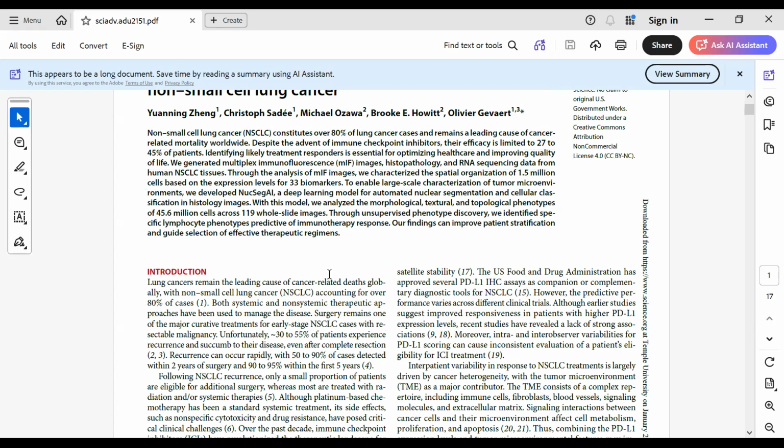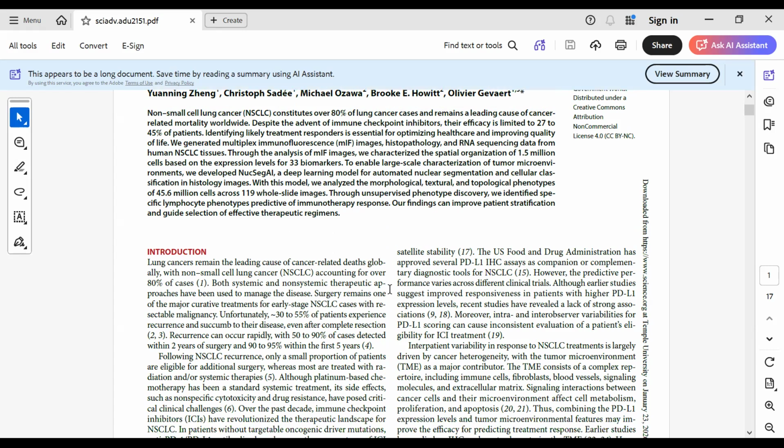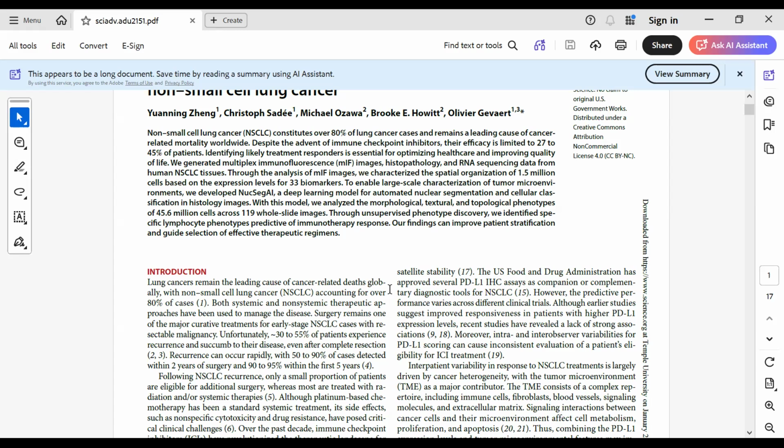The basic core methodology they have used is the NucSegAI model. This is the central innovation of this paper, which is the development of NucSegAI, a deep learning model for automated nuclear segmentation and cell classification in histology images. They have employed a training strategy unlike typical models trained on manual human annotations, which are prone to error.